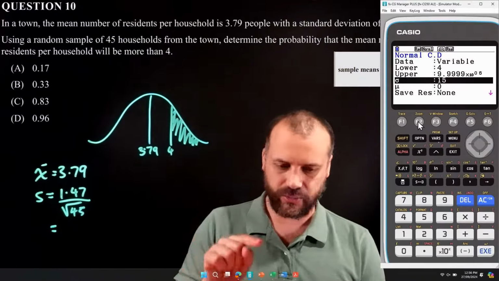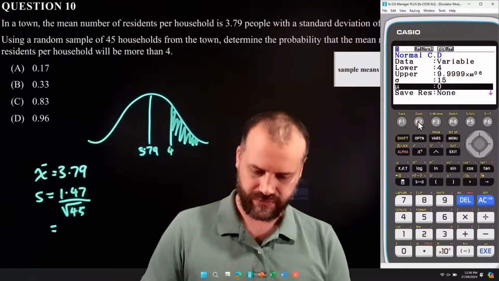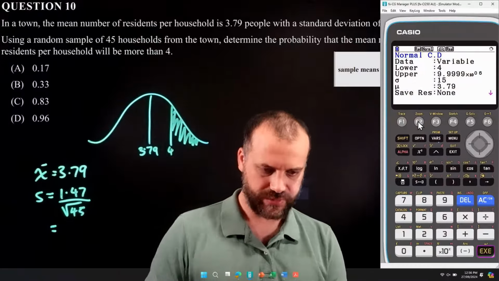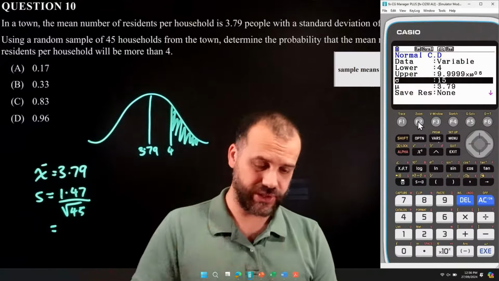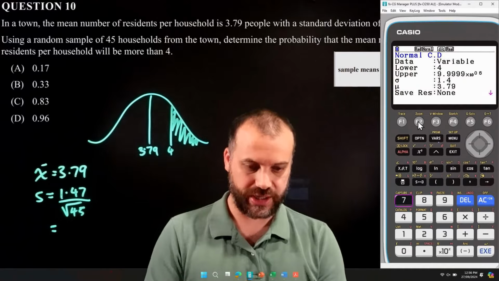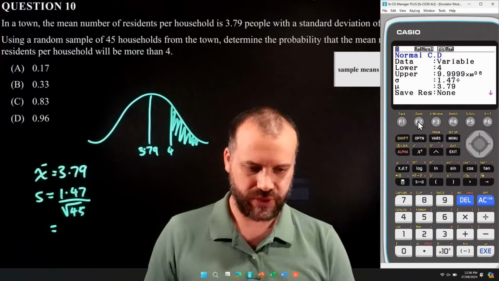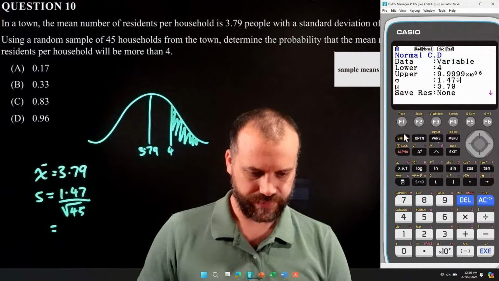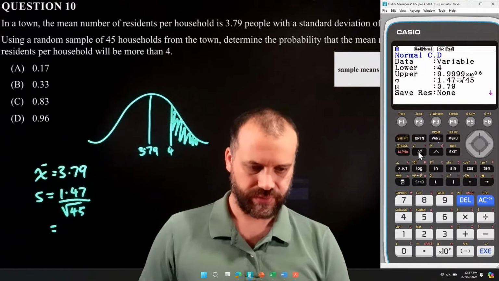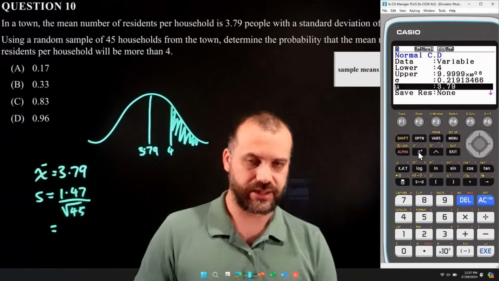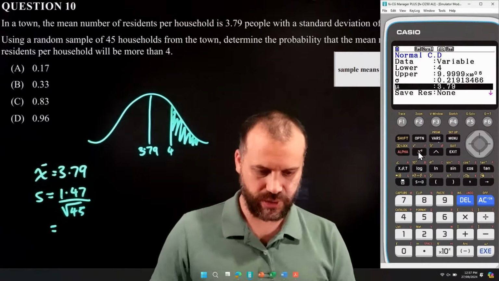Okay, now what we can use here, let's do our mean first because that's easy, 3.79. Now I said I wasn't going to calculate that. That's because I'm going to calculate it in my calculator right here. That way I don't have to do any approximations. All right, so that will give me the answer, the decimal. You can see it's all done in this one picture for me.